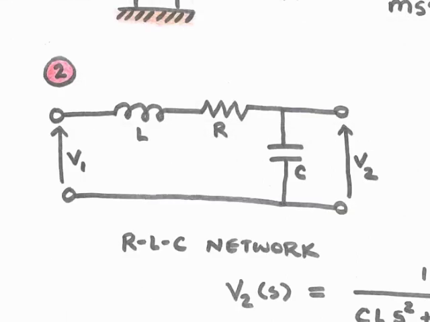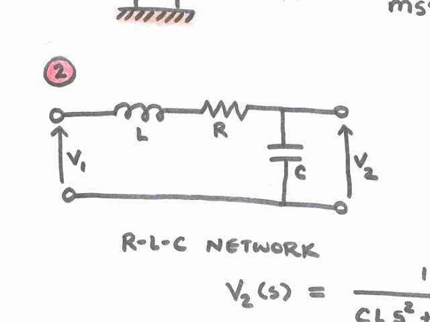The next second-order system that we'll study is an RLC network. This is a circuit where a voltage is applied to the terminals at the left end, and we measure the voltage across a capacitor at the right end.